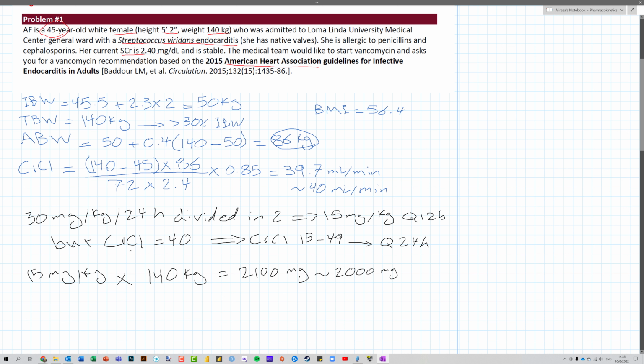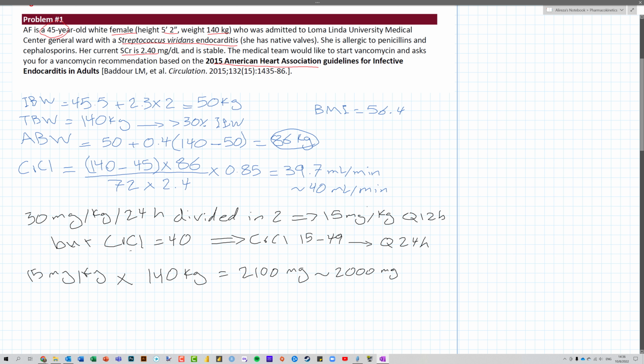milligram. We are rounding down instead of up because this patient is obese, and we know that when you go over 2 grams of a single dose, you increase the risk of nephrotoxicity. So for that reason, I'm going to round down to 2000 milligram or 2 grams.